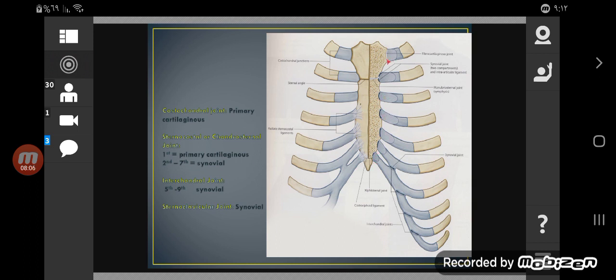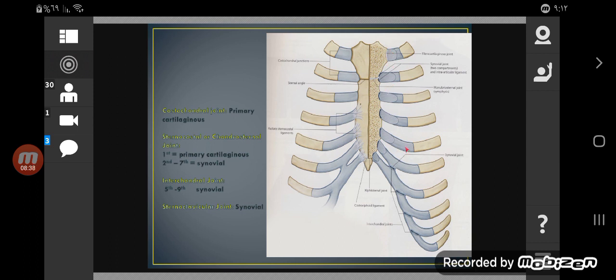But the first one is a fibrous joint. The first costal cartilage articulates with the costal notch of the manubrium of the sternum with a fibrous joint. This is the fibrous joint.